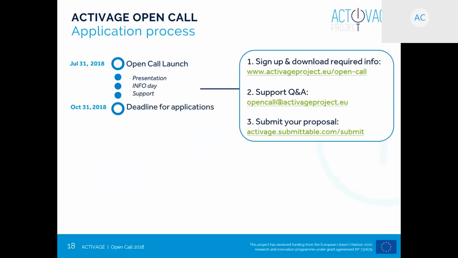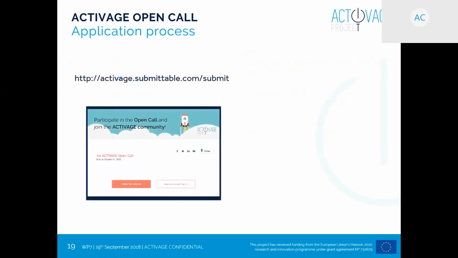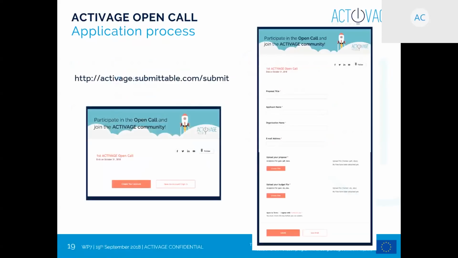Finally, once you have all the documents ready, you have to submit them to our web portal, where you can first of all register, and secondly include the required information, including the proposal and also the budget file.